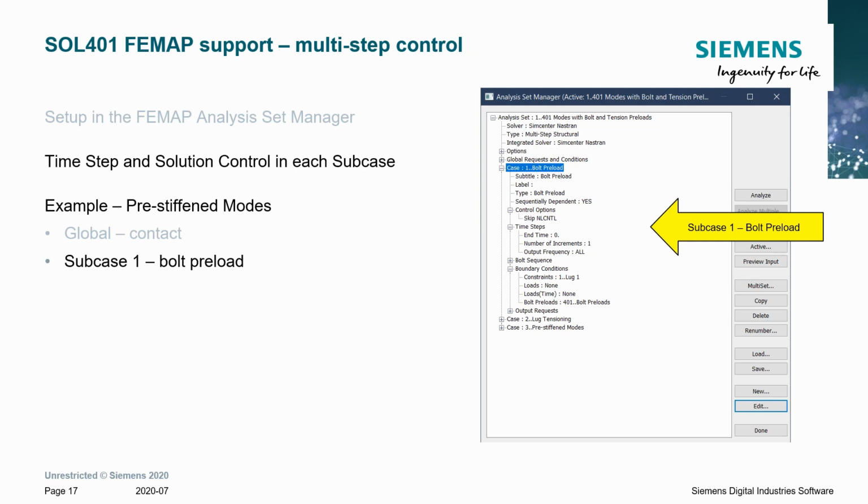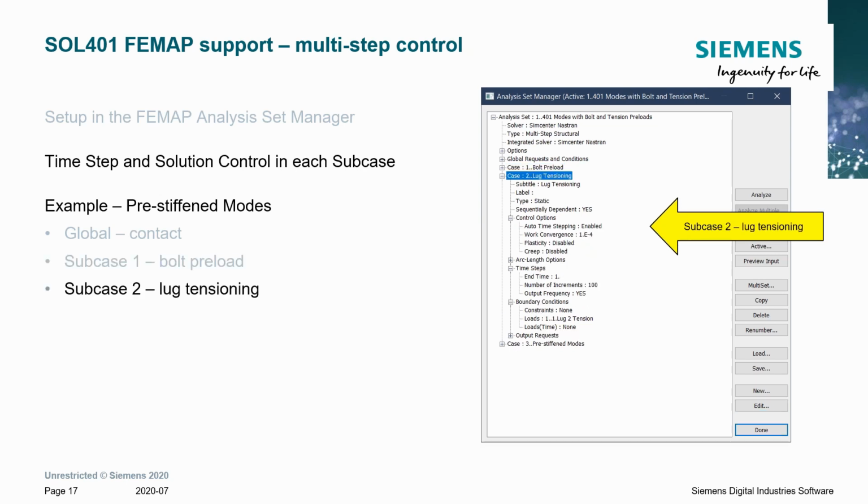There's actually a bolt sequence card that you add where you tell it the number of steps, what the bolt loads are, what bolt load case you're using, and the number of steps to use within that bolt case. So for example, let's say I've got 5 bolts and I want to tighten them in sequence and see what happens in the model. I can have the first subcase do this bolt preload and then go on from there.